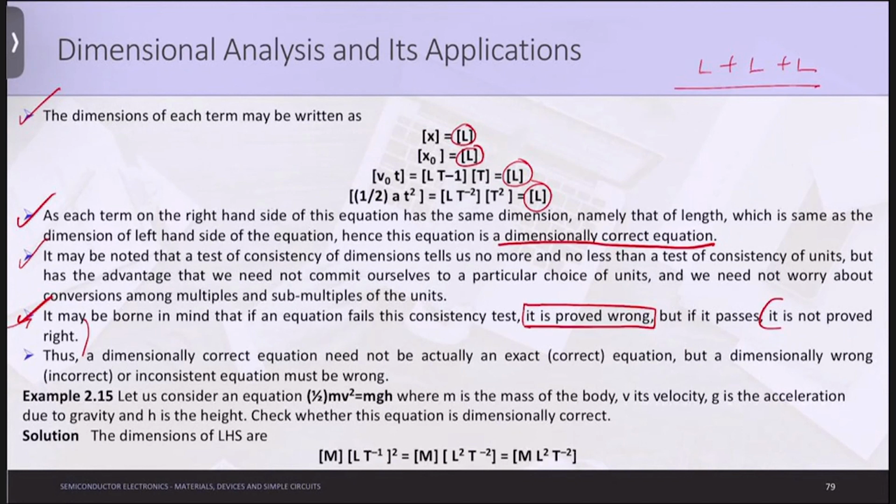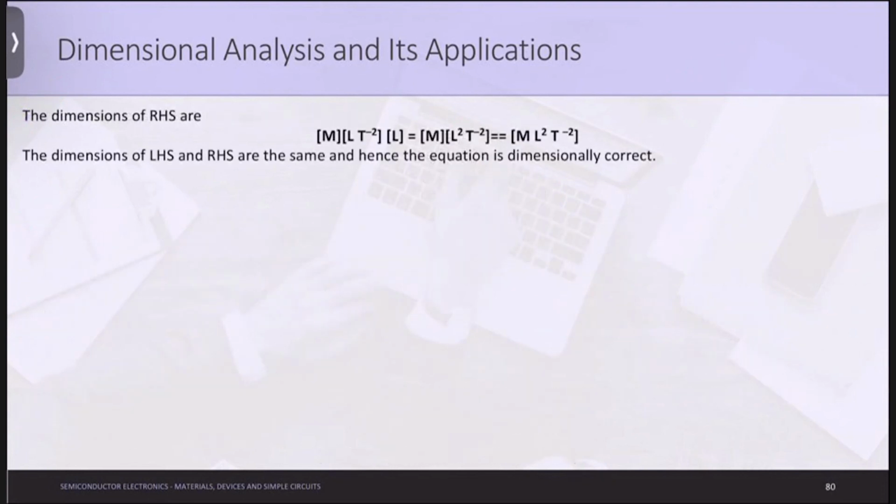Okay, so the first example states: let us consider an equation, half mv square is equal to mgh, where m is the mass of the body. So this is basically, the left hand side is your kinetic energy and the right side is your potential energy. Where m is the mass of the body, v is its velocity, g is the acceleration due to gravity, and h is the height. Check whether this equation is dimensionally correct. If you need to check it, it's half mv square equal to mgh. m has a mass of M1, and v will give you L upon T, squared.